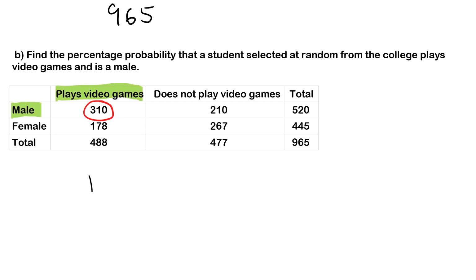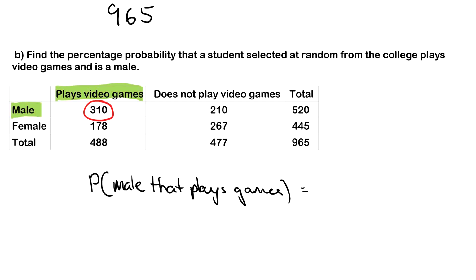So the probability of picking a male that plays games will be the 310 we found, because that's how many males play games, over the total number of students surveyed, which is 965. That fraction can be simplified down to 62 over 193.